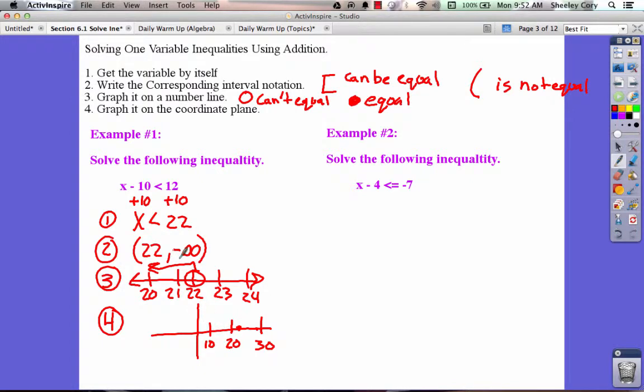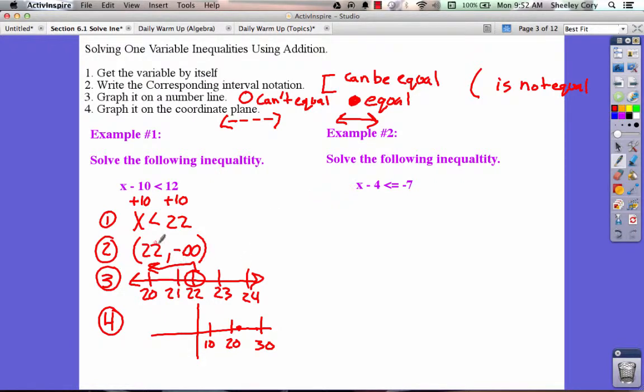Now, when you're graphing on the coordinate plane, just like the open dot can't equal and the closed dot does equal, dashed lines mean they can't equal, and bold lines mean it does equal.